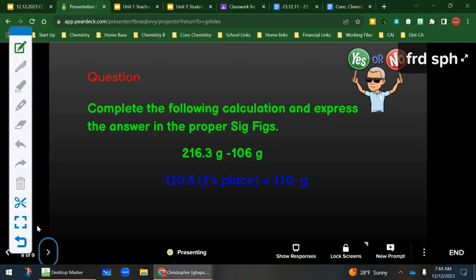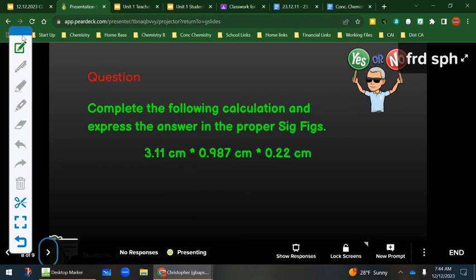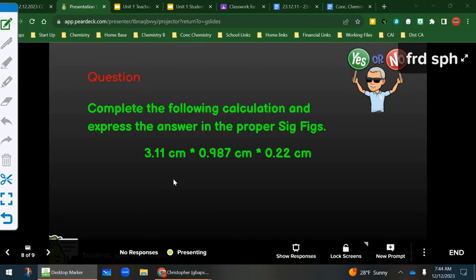All right. All right. Last one, ladies and gentlemen. Multiply these 3 numbers together.